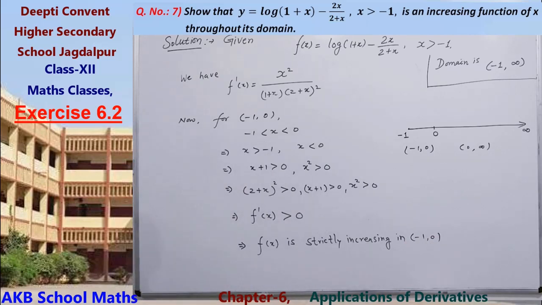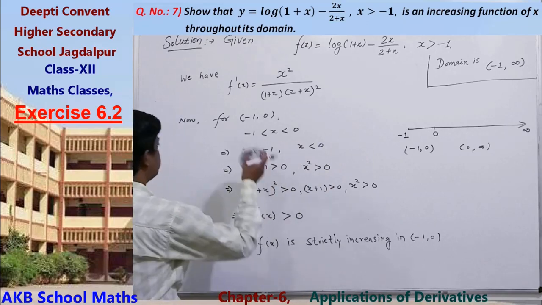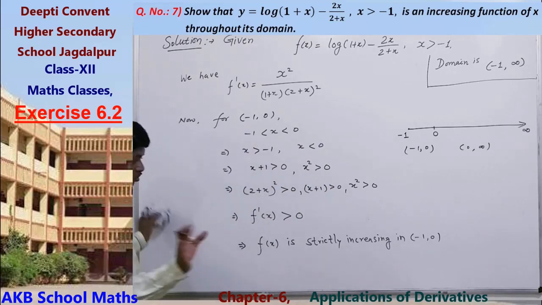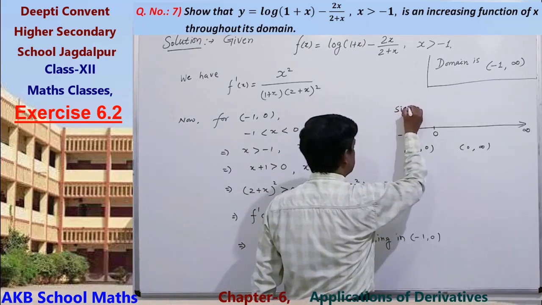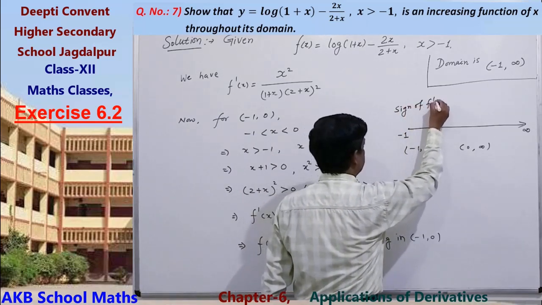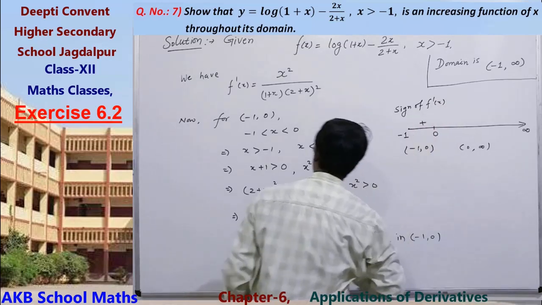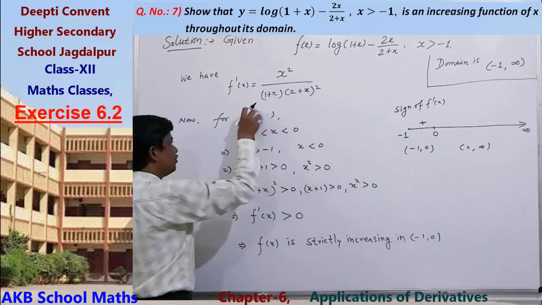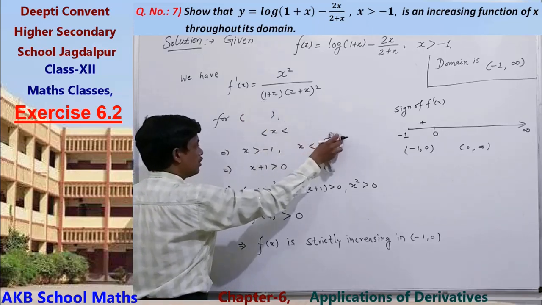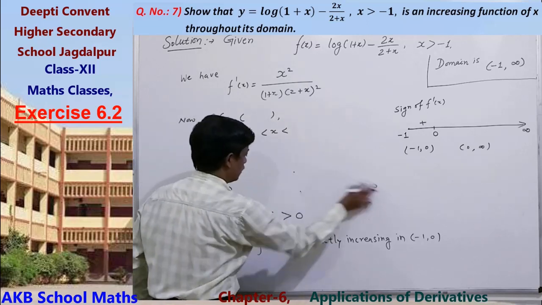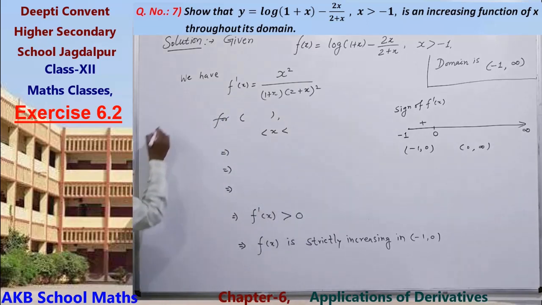Also, we can see in the interval 0 to infinity. Okay. Clear? Here the sign of f dash x is positive.